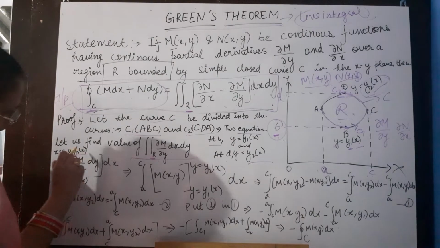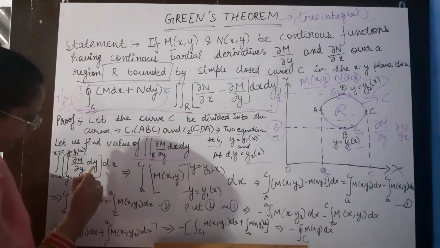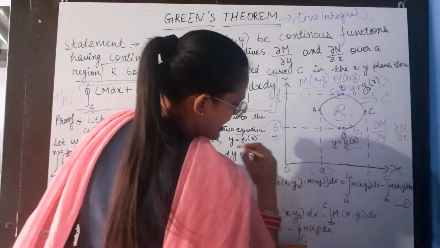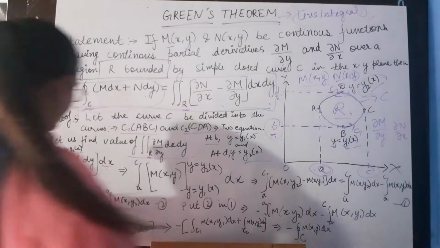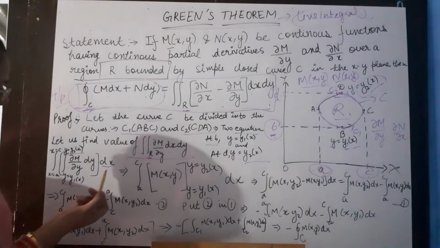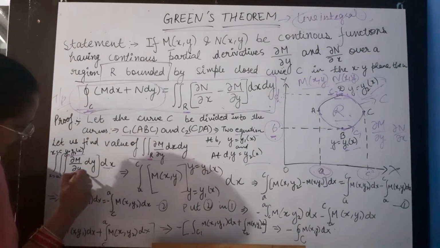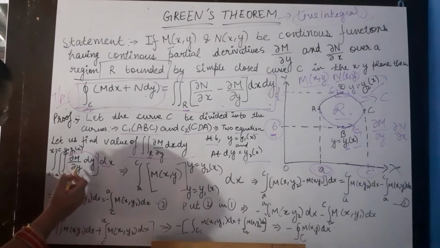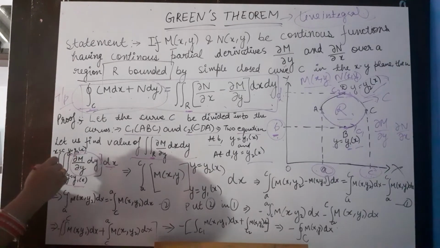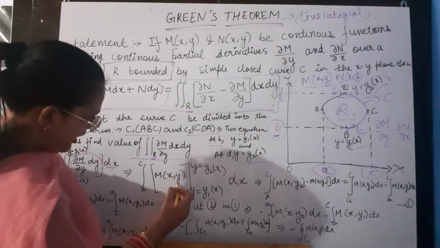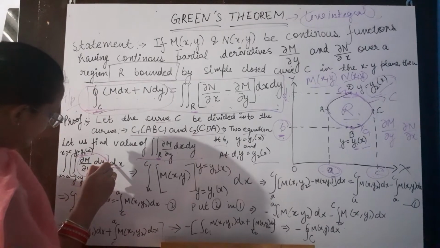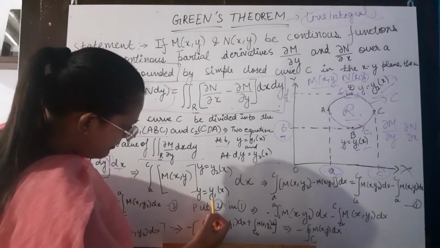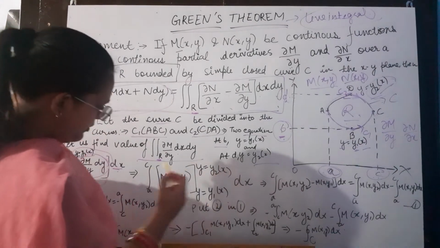Then the limits of x: lower limit a, upper limit c. When we integrate, the derivative cancels and we get M(x,y) with lower limit y1(x) and upper limit y2(x).